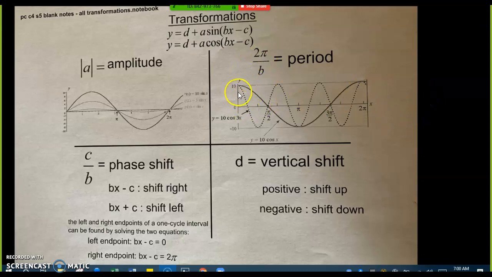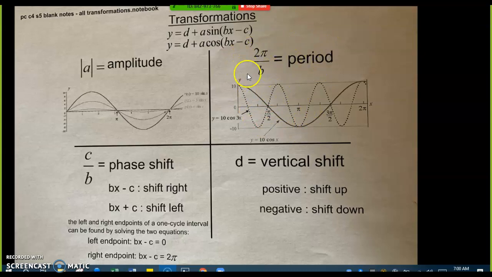Now look, notice they did a period change here, and let's see how long it takes for it to do its cycle. It looks like it is taking a whole 2 pi over 3 for it to do the cycle. Bam, bam, and then again. All right. So our cycles or our periods are smaller now.